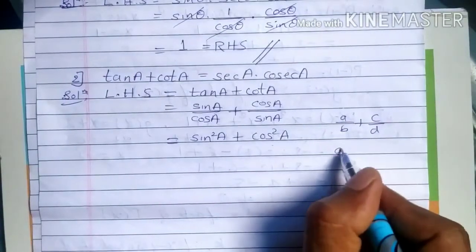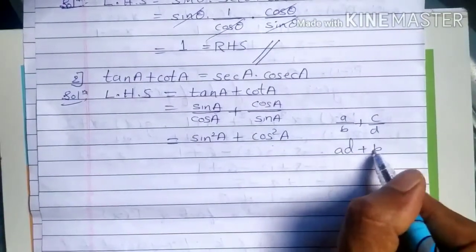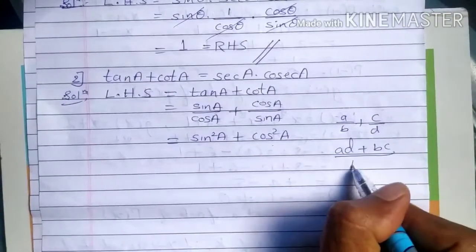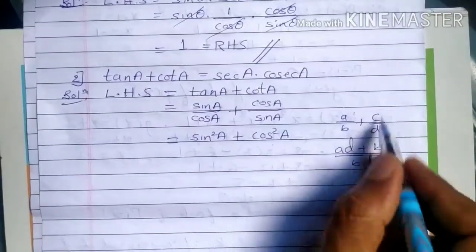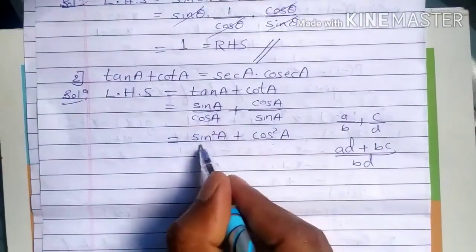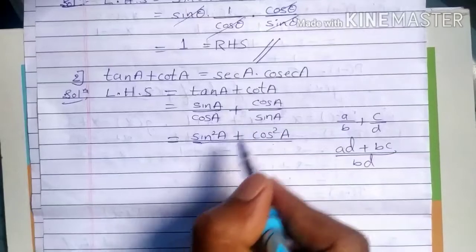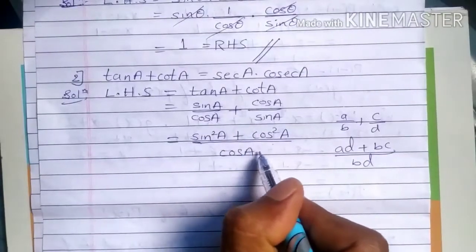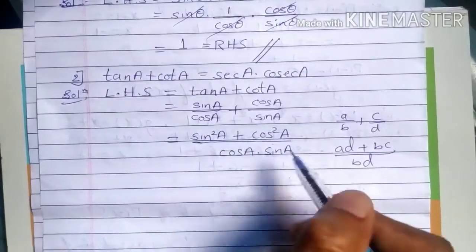A into D, cross multiplication, plus B into C whole divided by B into D. This is how you simplify the fraction. So these are in the form of fractions, so therefore cross multiplying, whole divided by cos A into sin A, multiplying these two.